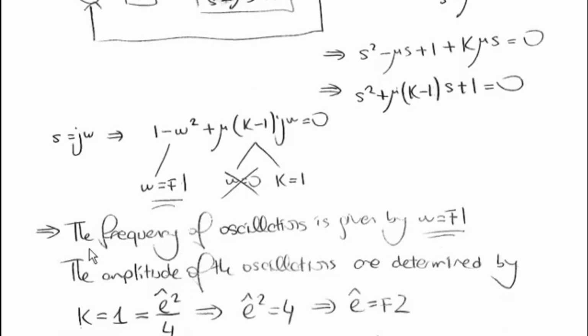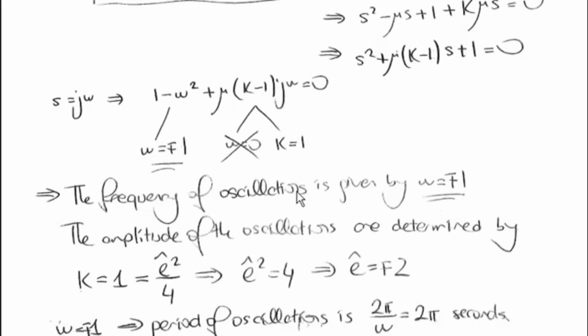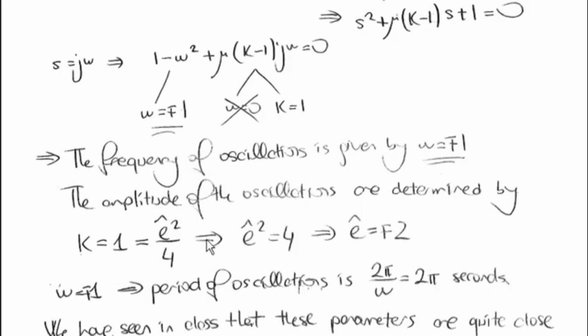This gives us a frequency of oscillations equal to plus or minus 1, and the amplitude of oscillations is determined by the equation K equals 1, which gives me E hat. Since K is equal to E hat squared over 4, this gives me the equation E hat squared is equal to 4, and E hat has to be either plus 2 or minus 2.